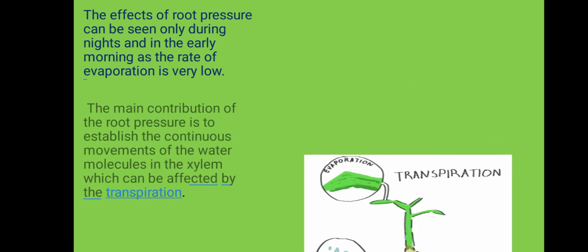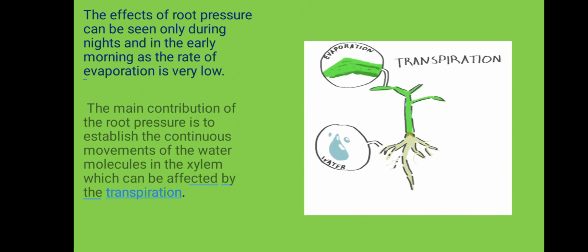The effects of root pressure can be seen only during the nights and in the early morning. The main contribution of root pressure is to establish continuous, balanced movement of water molecules in the xylem.